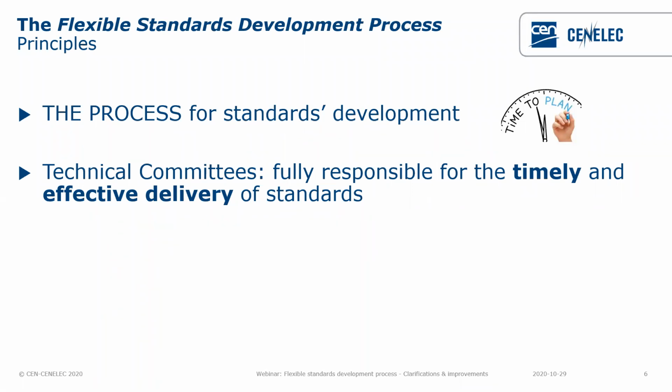So from now on, we can get rid of "flexible process" because we don't want to leave the idea that there are two processes in parallel for the EN. So this is the new process for the standards development.